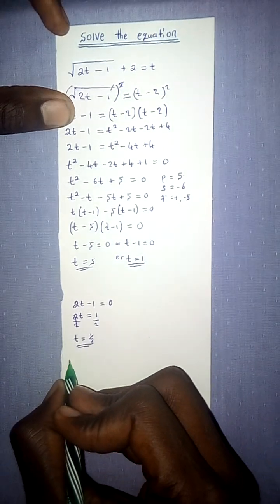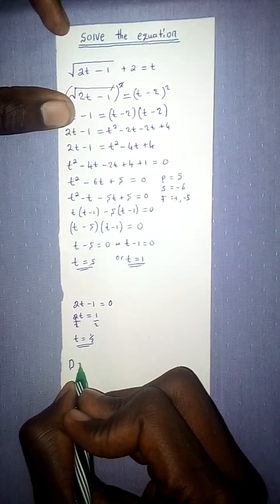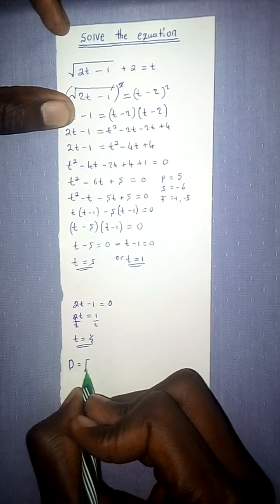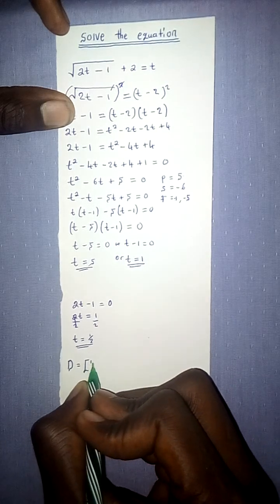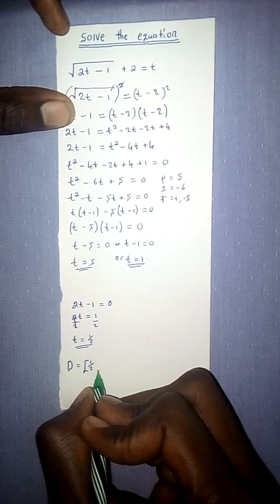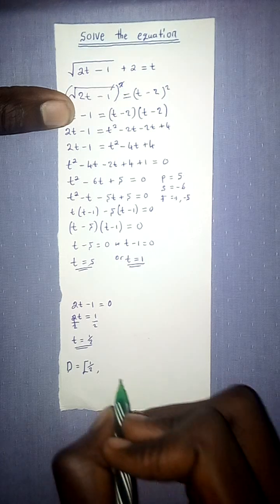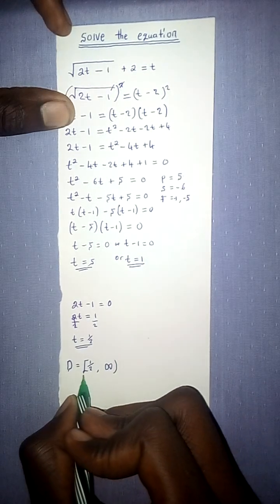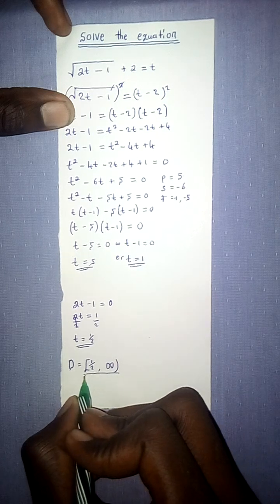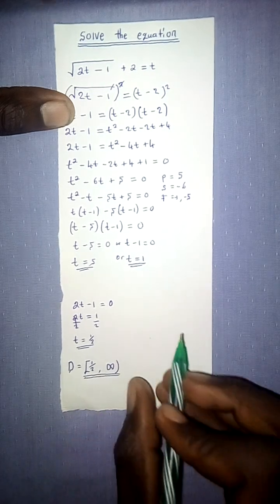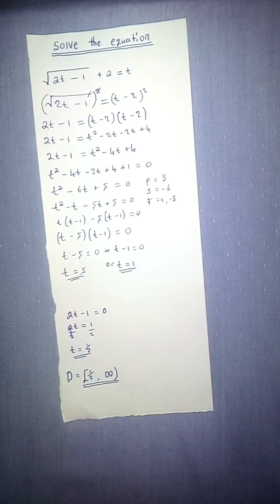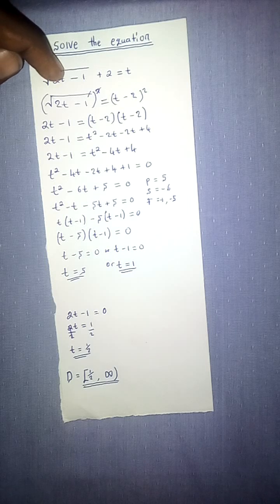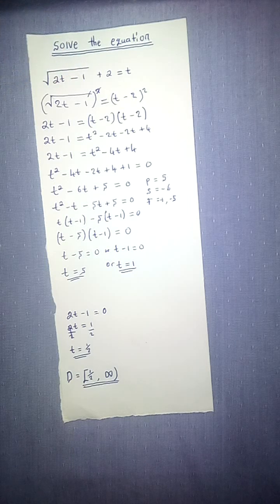So what is our domain in this case? Well, our domain will start with this, okay, and then it will go all the way up to positive infinity. Why do we say so? Well, it's the matter of checking. What we don't want under the square root is having a negative number.